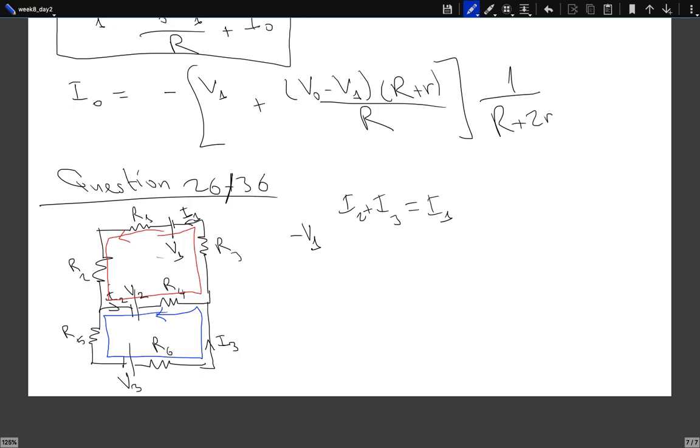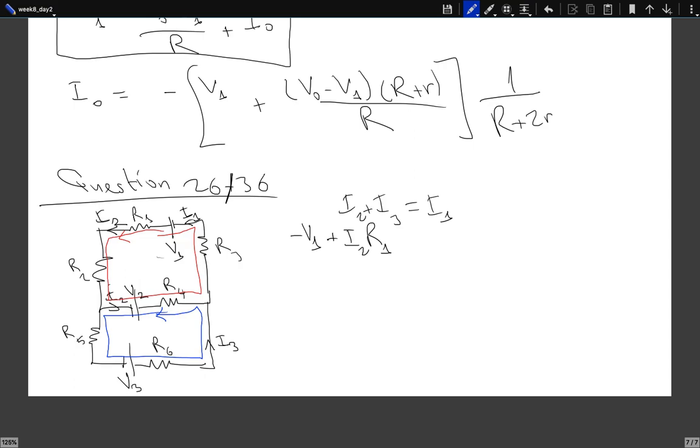From this point to this point, I2 is in this direction. It's I1R1 plus I2R1. Positive or negative? That is the direction of the flow of the current, the positive direction, so that's plus.